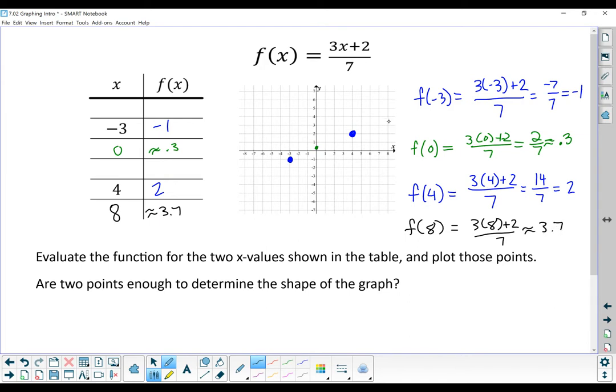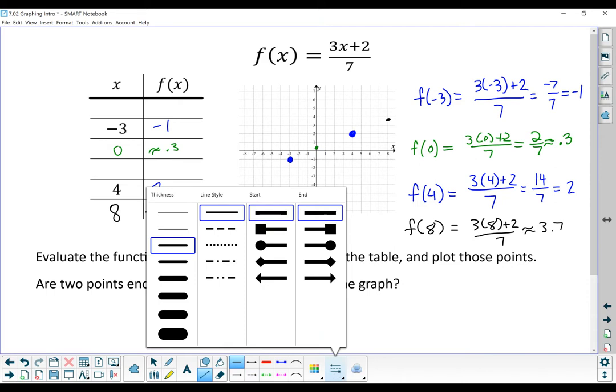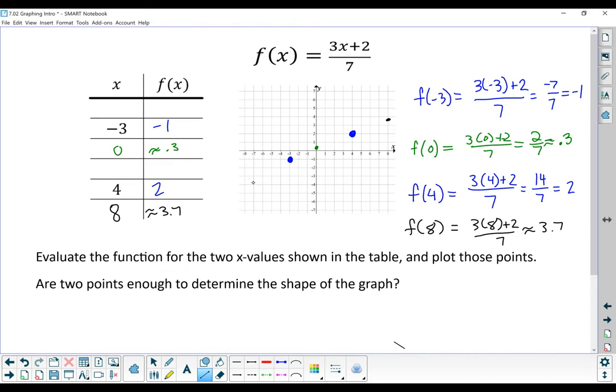So about right there. So maybe you suspected, or maybe you know, that this function is a line. And we could keep substituting more and more values in, and we would end up with a line. All of the points where we evaluated would end up lining up just perfectly on that line.